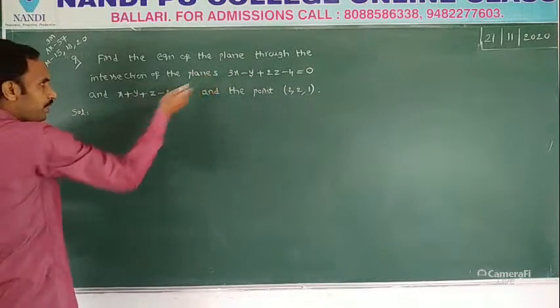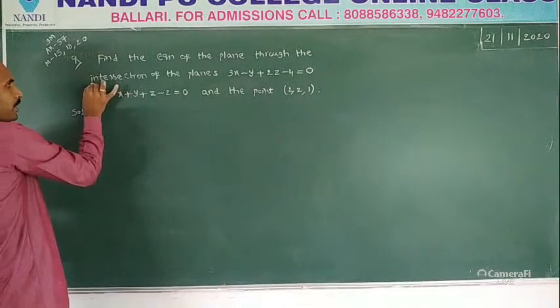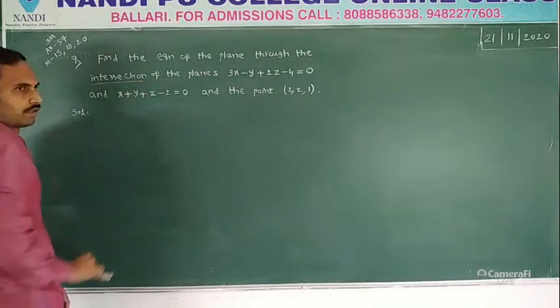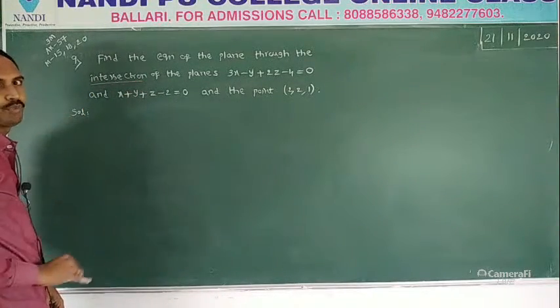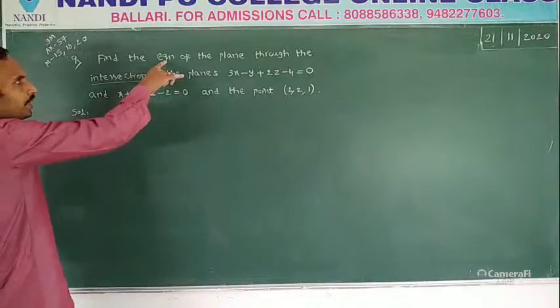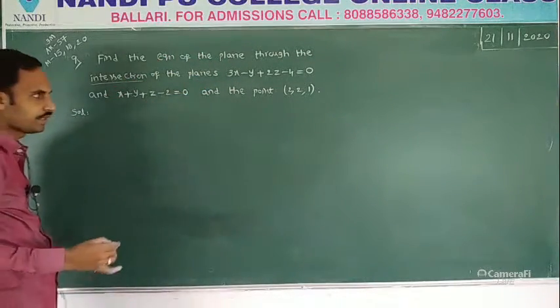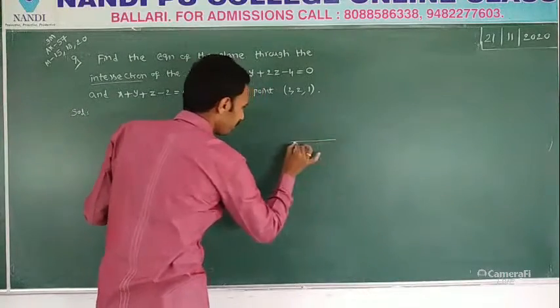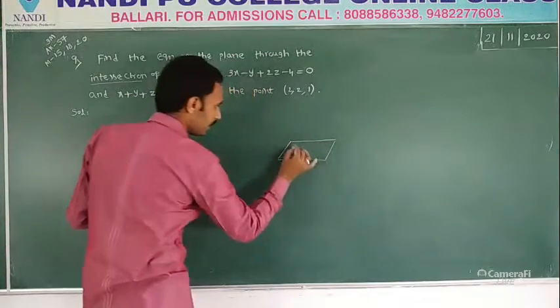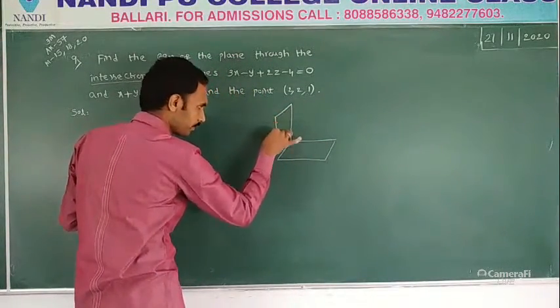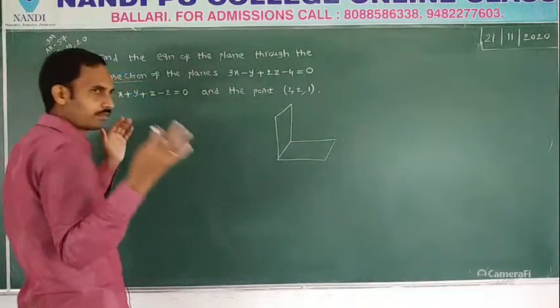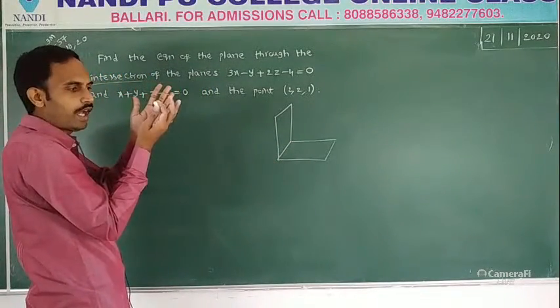Here two planes are given. If they intersect, a line can be formed. What is the equation of the plane passing through the intersection of the planes? See, this is one plane. This is another plane, intersected. Two planes intersected, what happened?